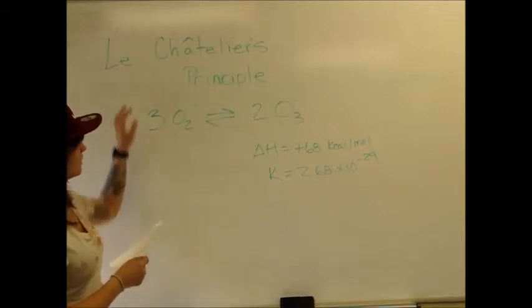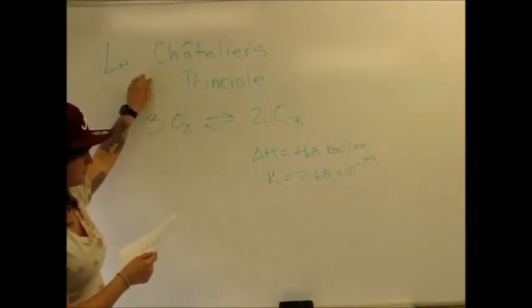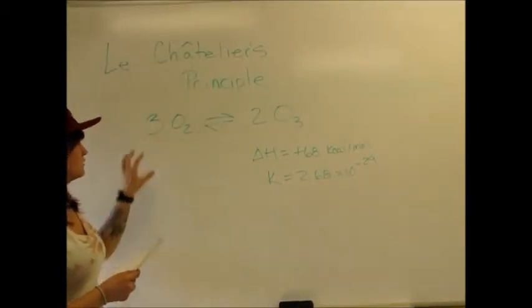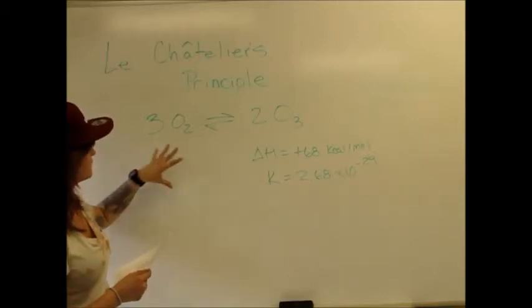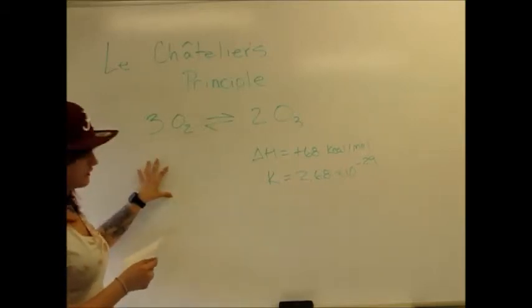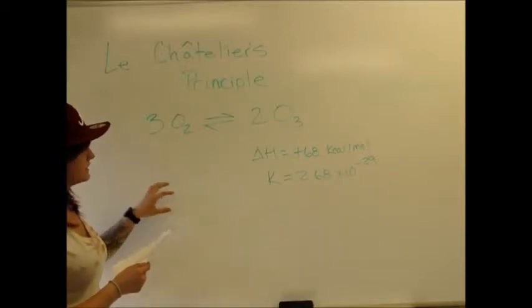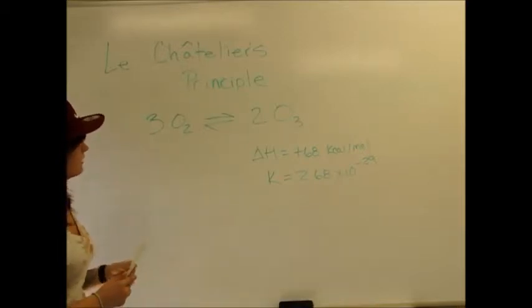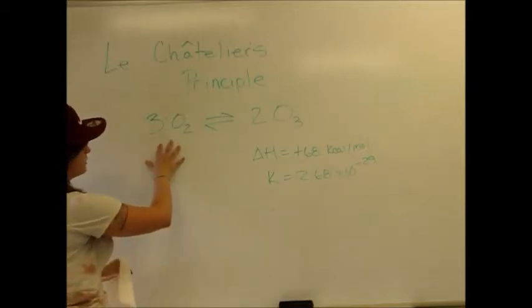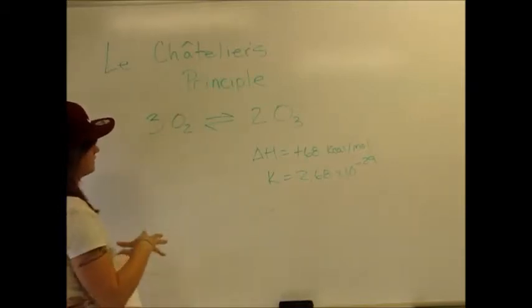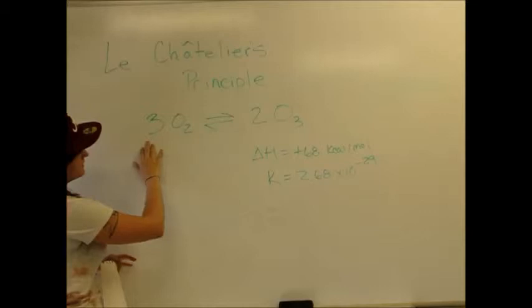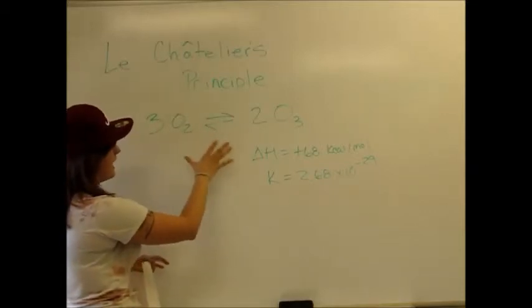Then we get into more of Le Chatelier's principle, and it asks you, if you look at this reaction and you throw different stressors on it, what's going to happen to your equilibrium? The first one being if we increase the pressure by decreasing volume. The big thing you look at is that you're going to increase the pressure here, so it's going to compress the volume, but this reaction has to stay at equilibrium.